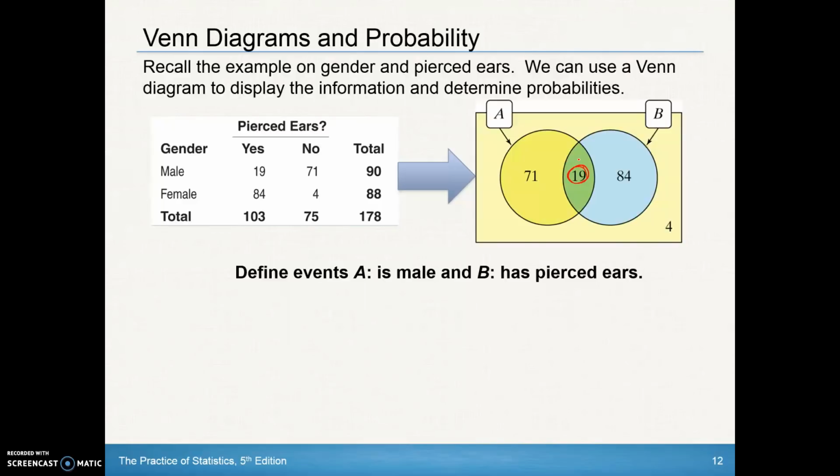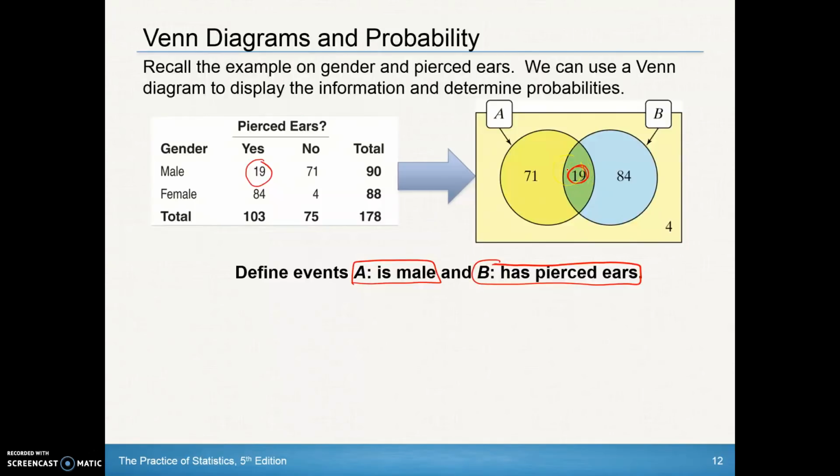If A is male, and B has pierced ears, I'm going to find that intersection. Where is it both male and pierced ears? Male and pierced ears is 19, and that's where I'll start right here.